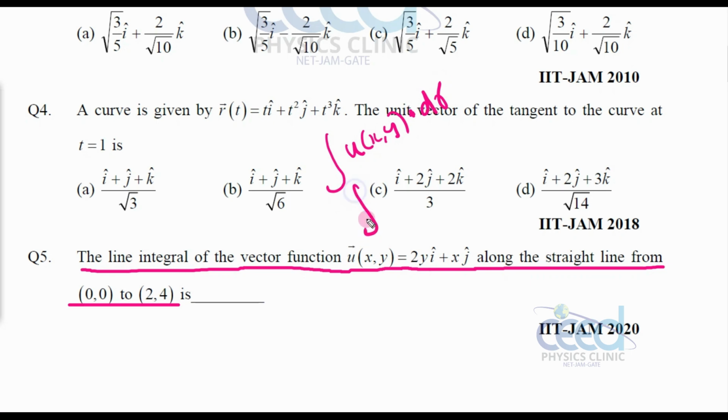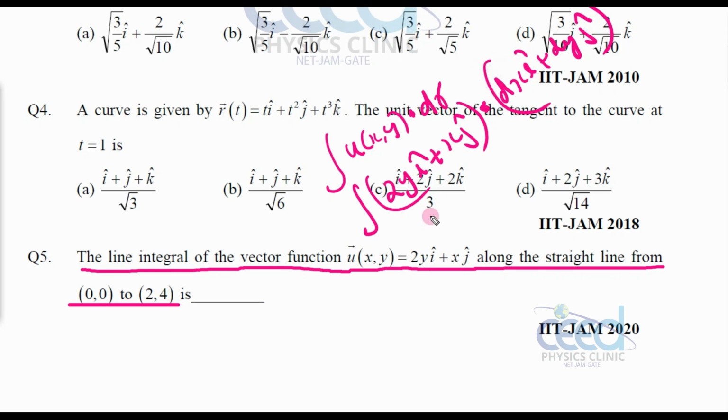So that is equal to, here this u of xy is given, so let me write this as 2y i cap plus x j cap dot dr, which is dx i cap plus dy j cap, right? So this is equal to 2y dx plus x dy.